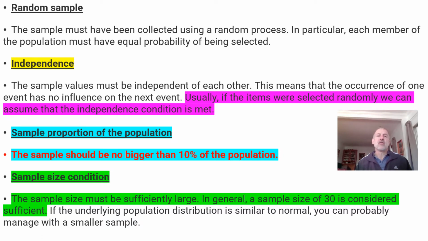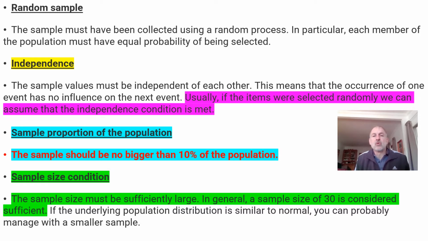And then the next thing that is important is independence. The sample values must be independent of each other. This means that the occurrence of one event has no influence on the next event.